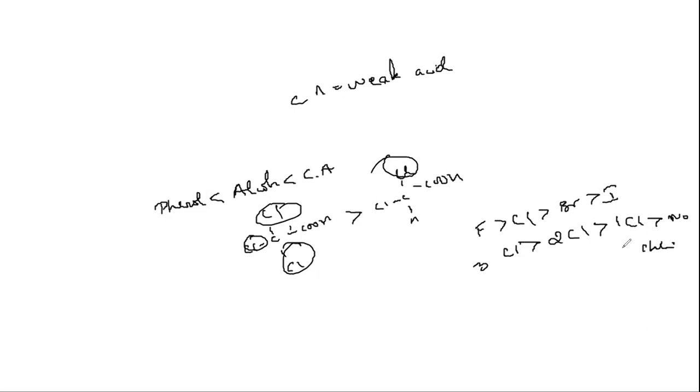As the distance of the electron withdrawing substituent from the COOH group increases, acidic strength decreases. So let me see here, CH3CHClCOOH, yes, and here I have CH2ClCH2COOH. The number of carbon atoms is the same, but the distance of the electron withdrawing group from COOH is far, so acidic strength decreases.